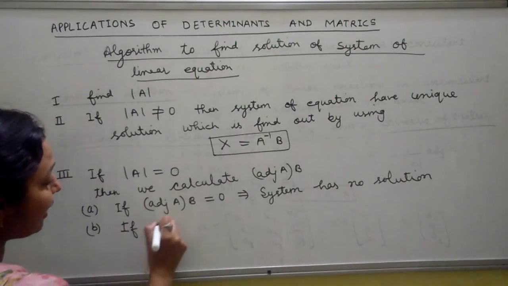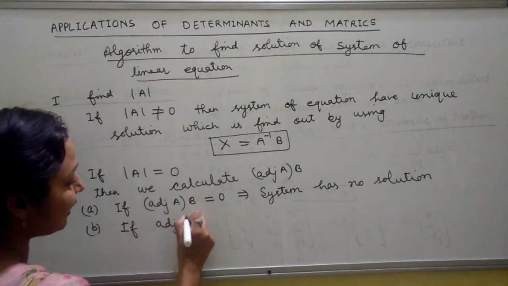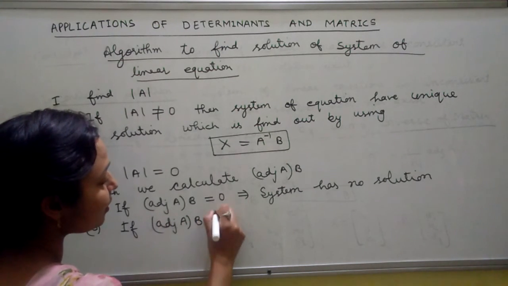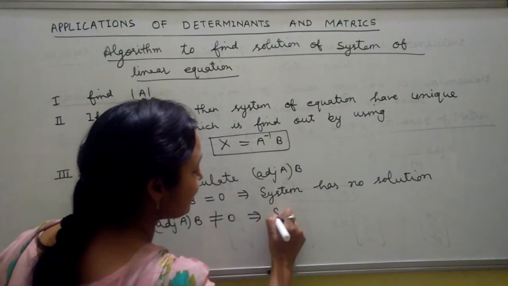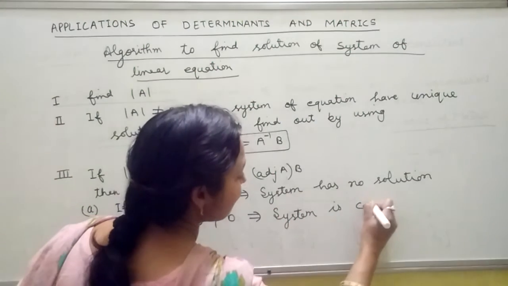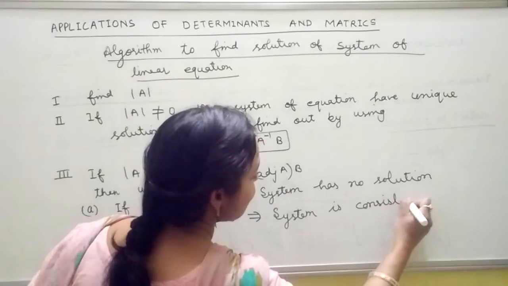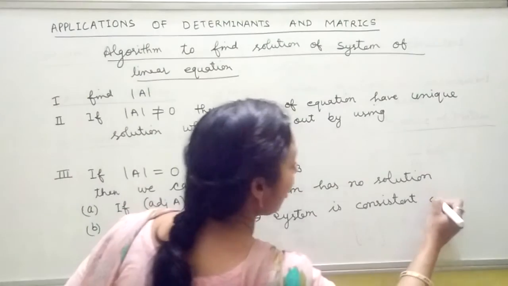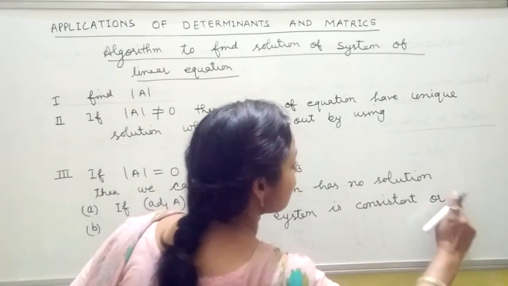If adjoint A into B equals to 0, this implies system is consistent. Consistent मतलब having solution, or inconsistent.